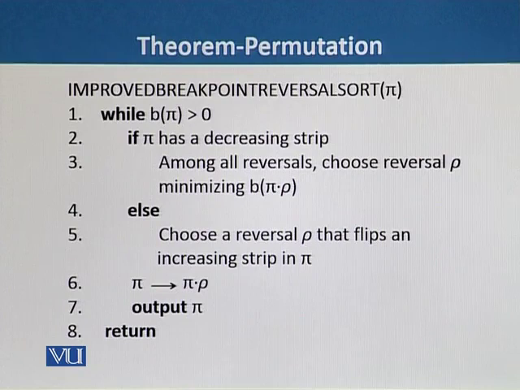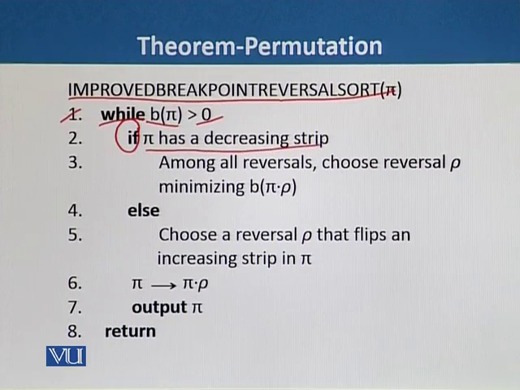So now we will come up with the improved breakpoint reversal sort algorithm. It has 8 steps. In the first step, a while loop will start and we have b pi, meaning the breakpoints, that should be greater than 0. Then in the second step, an if condition will apply when pi has a decreasing strip.